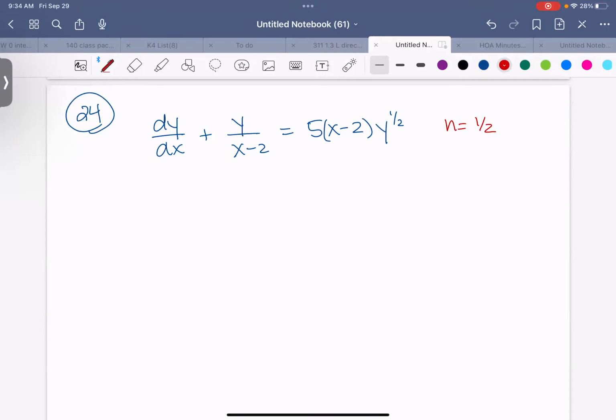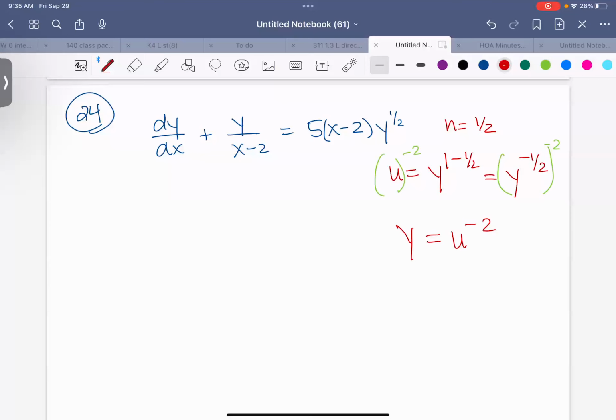So that means your u substitution is going to be y to the 1 minus that 1/2, and that's going to be y to the 1/2. Then let's go ahead and solve for y. If we raise this to the power of 2, that will get me y equals u squared.